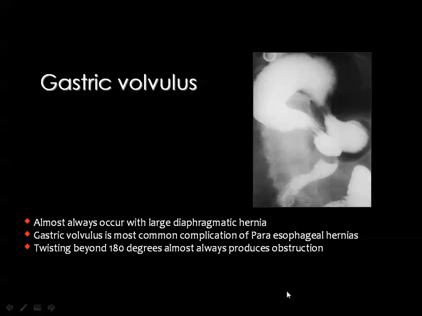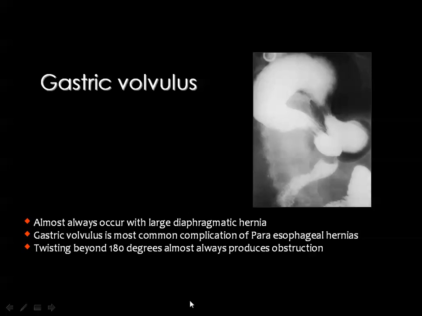If you remember, we have the four types of hiatus hernia, and the third type will include part of the stomach as well as the gastroesophageal junction above the diaphragm, and in the fourth type you get part of the stomach as well as other abdominal organs herniating into the lower part of the chest.